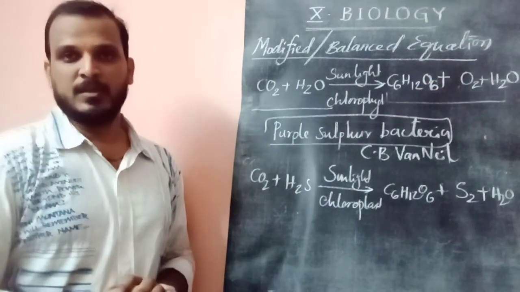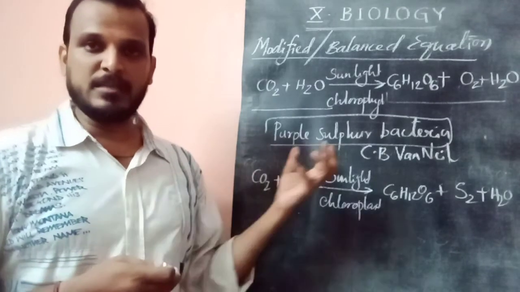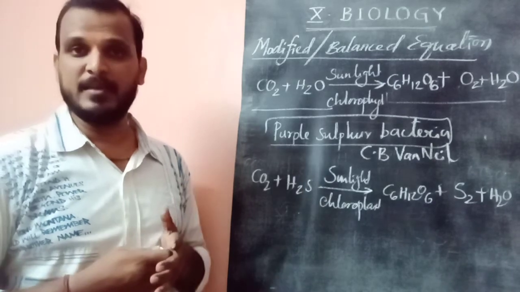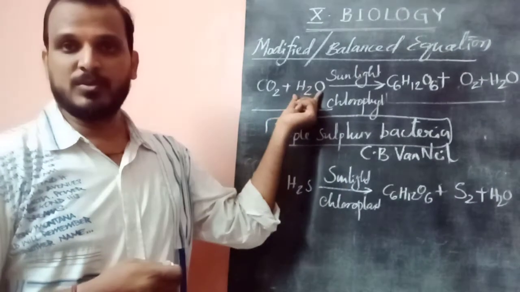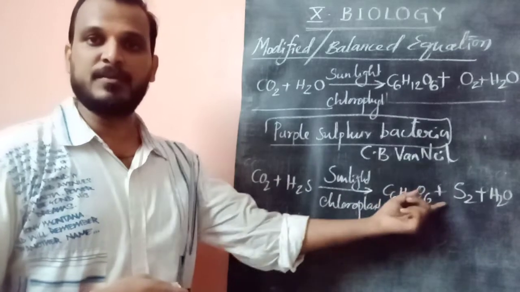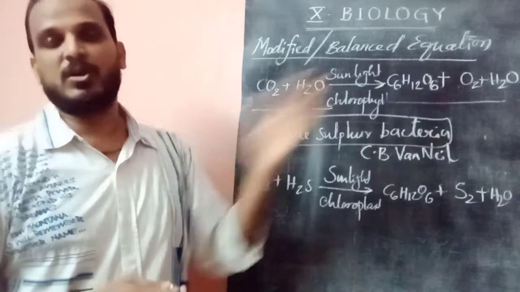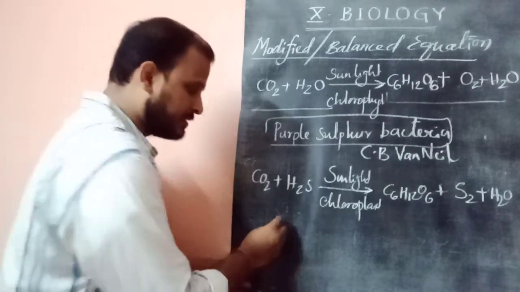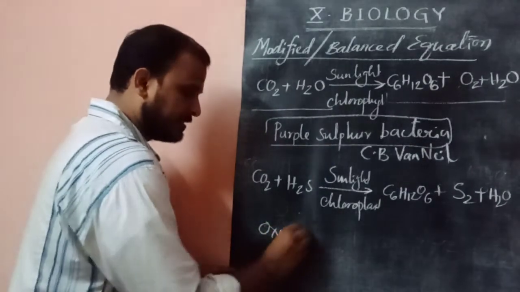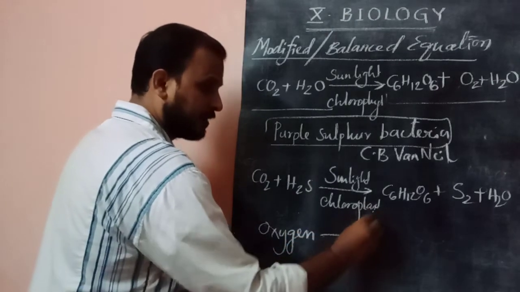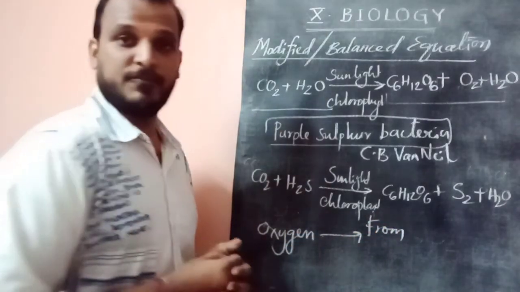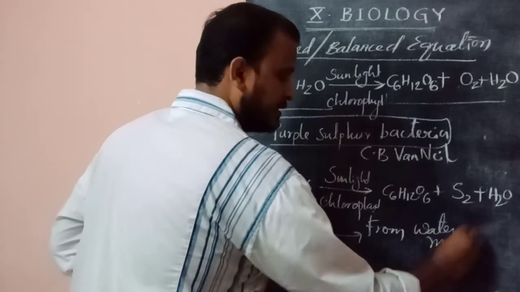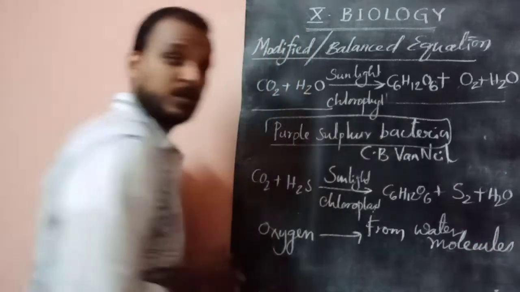So the oxygen released in photosynthesis was released by dividing the water molecule. Here H2S is divided to give sulfur, here H2O is divided to give oxygen. So this important thing, oxygen released in photosynthesis, from where is it released? From the water molecule.